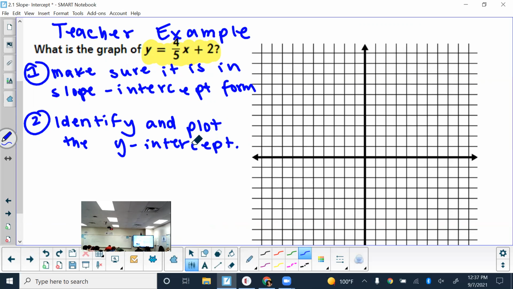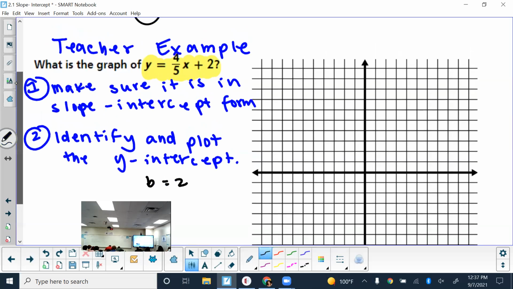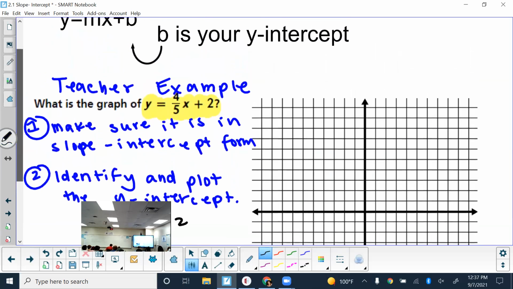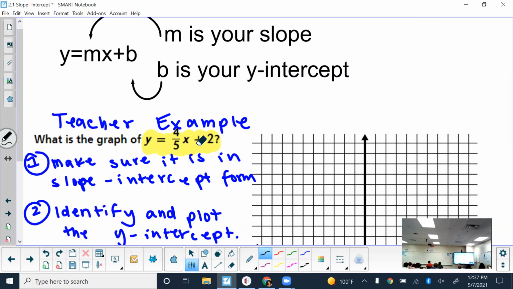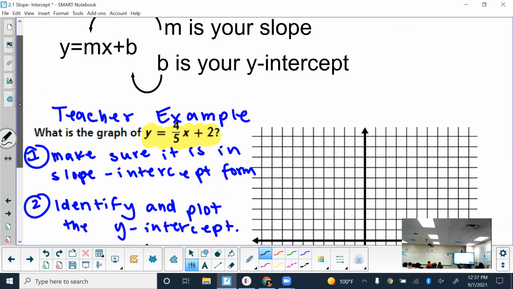Yeah, the 2. The 2, good. So that's what is in the place of the b. Is it a positive 2 or a negative 2? Positive, so you can use this as your guide. It's normally positive in the equation. So if it's positive here, it's a positive for your y-intercept.